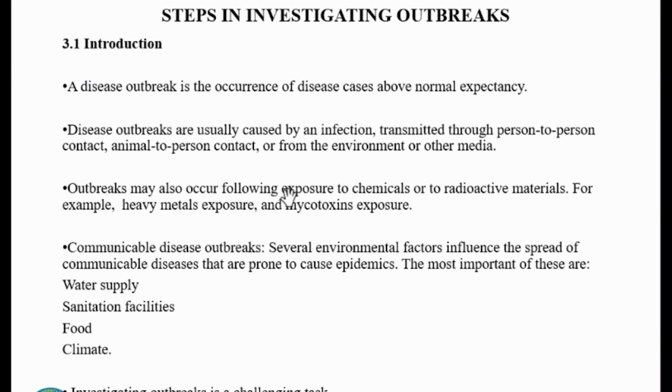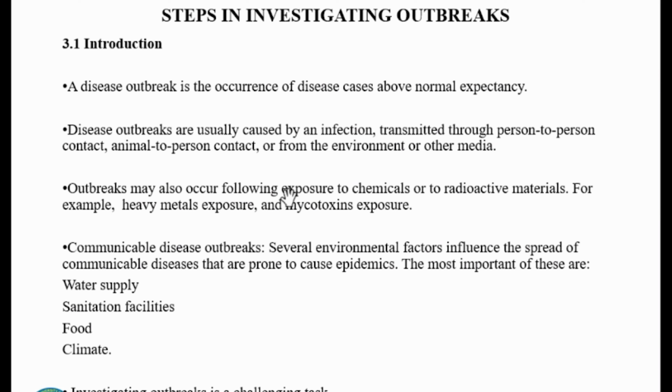Okay. So outbreaks may also occur following exposure to chemicals. When we are talking about chemicals, it can be heavy metals or it can be mycotoxins. But we also have food infection and food intoxication. Food infection is when the food has microbes, pathogenic microorganisms, so they can cause illness.